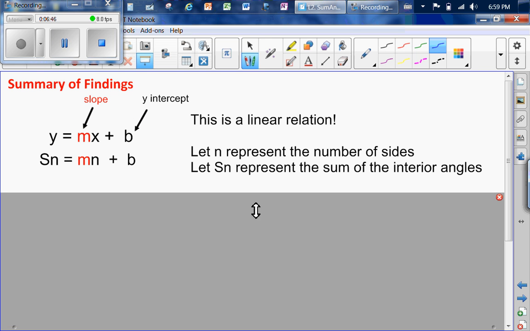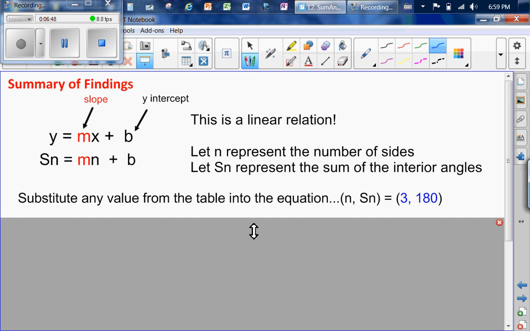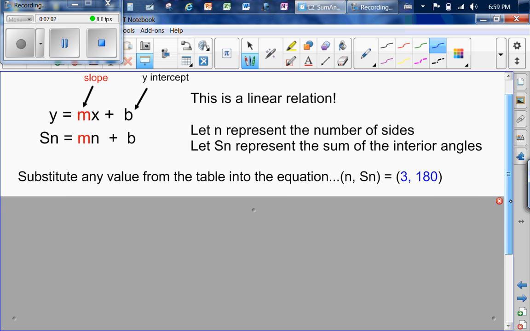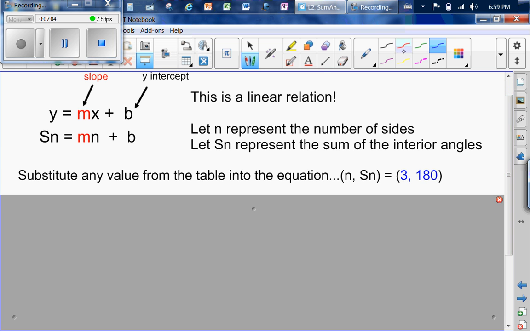Once we have that done, we can substitute any value from the table into the equation. So whatever value for n we have, we can substitute Sn. Now, let's just pick the smallest numbers to deal with because it's easier. Don't forget though, what did we say our slope was? When we calculated the first differences, we said our slope was 180.